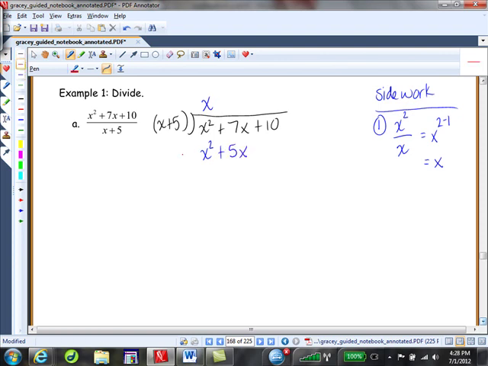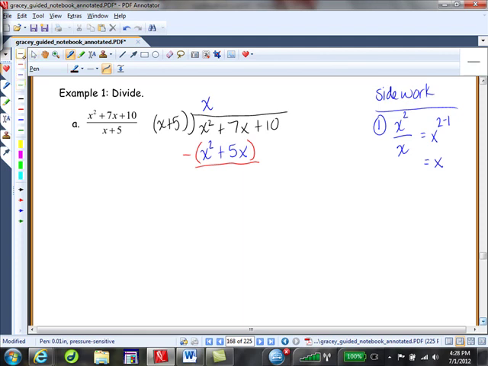But we're going to be subtracting this whole thing. The common mistake that students make is they forget to distribute that minus through the second term. So here x squared minus x squared gives me 0 x's, which is what I wanted. If you did it right, your first term will zero out.